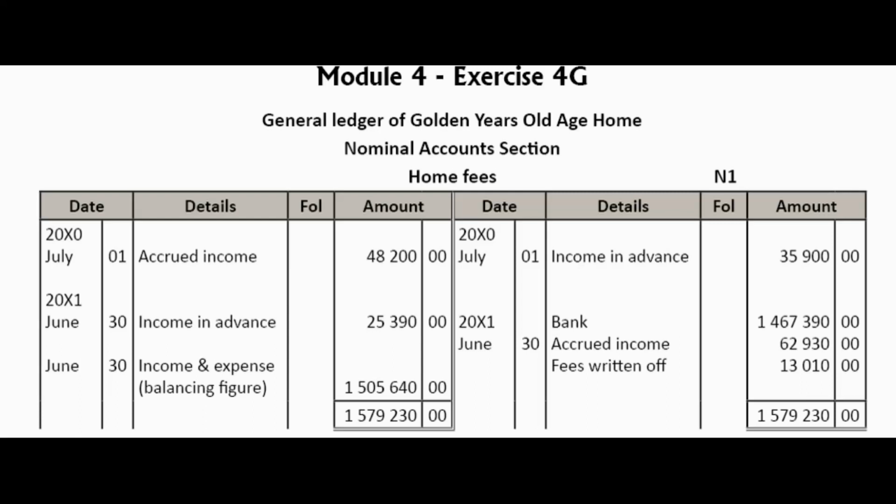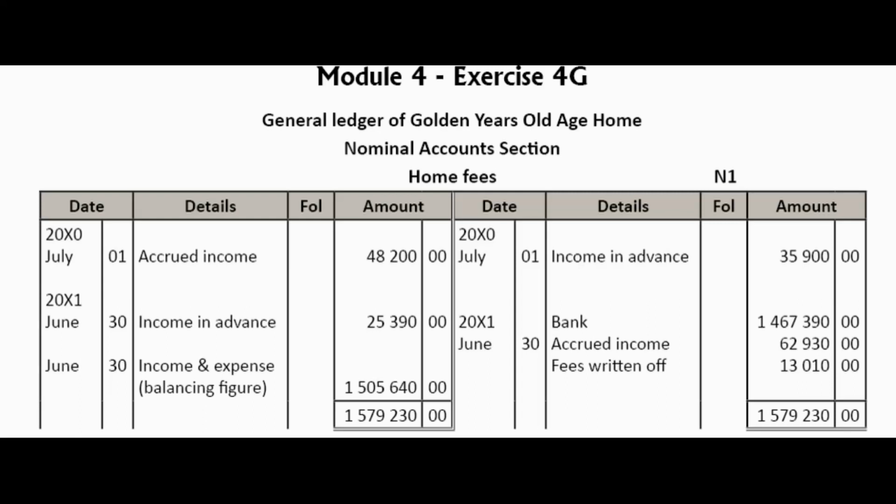All right. And the last step is just to see what is the amount that we need to transfer to the income and expenditure account. We just add the debit side, add the credit side, exactly the same as what you normally do when you close off a nominal account to either the profit and loss account or to the trading account. In this case, it's called the income and expenditure account.